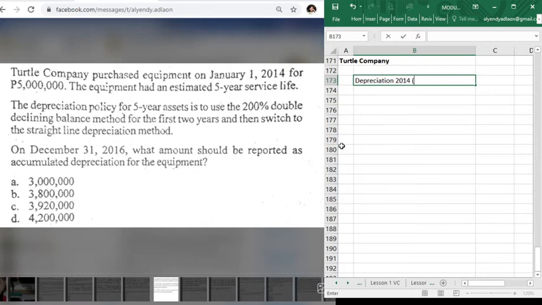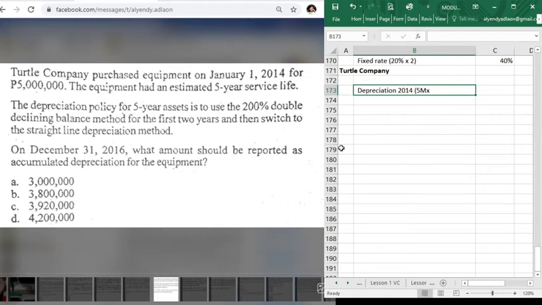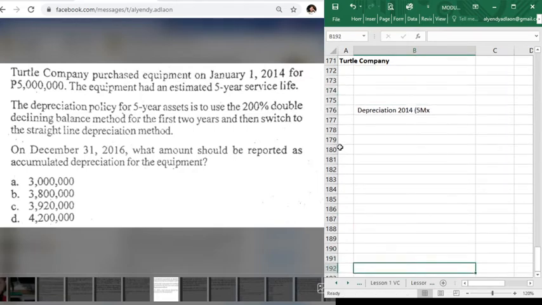That would be 5 million multiplied by the double declining balance rate. How much is the fixed rate? To compute the fixed rate, since this is 5 years, 1 divided by 5.